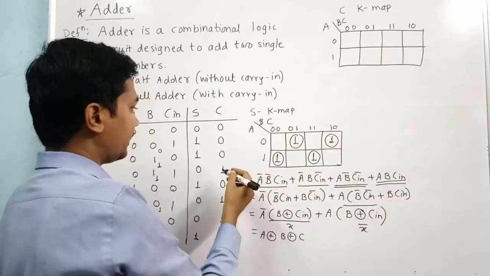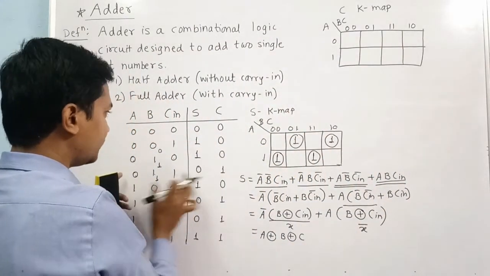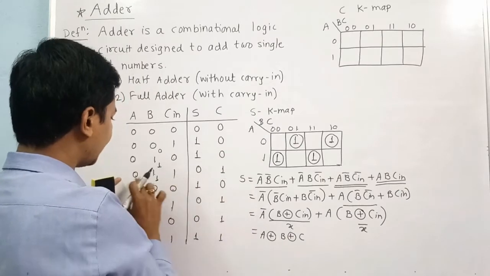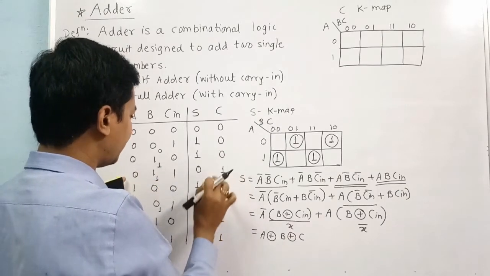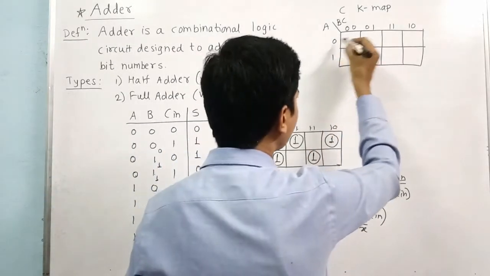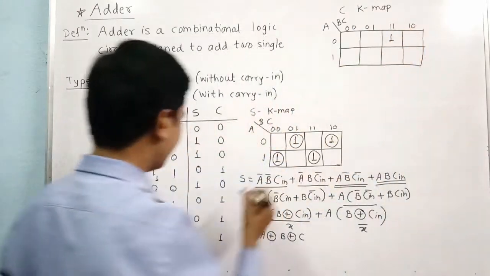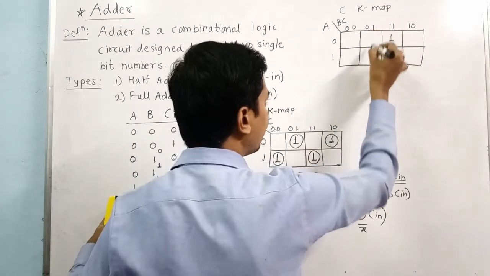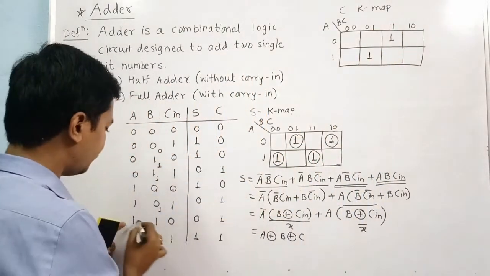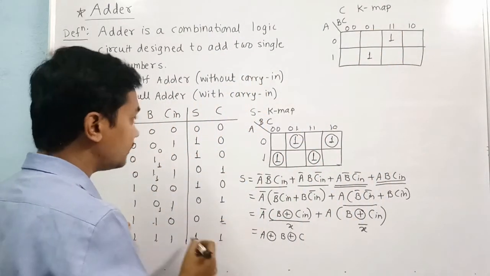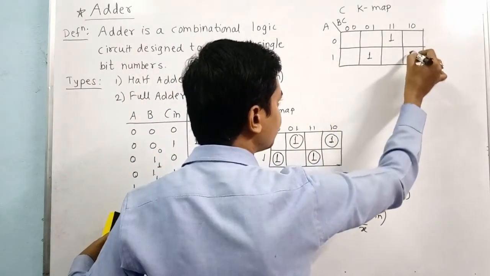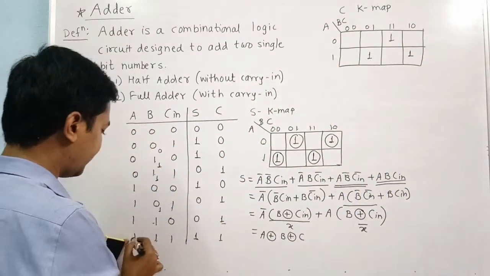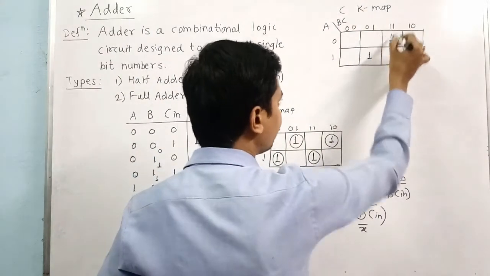Now observe for which input combination the carry is 1. For 0 1 1 the carry is 1, it is here. Then 1 0 1, the carry is 1, it is here. Then 1 1 0, carry is 1, it is here, and then 1 1 1, it is 1 here.